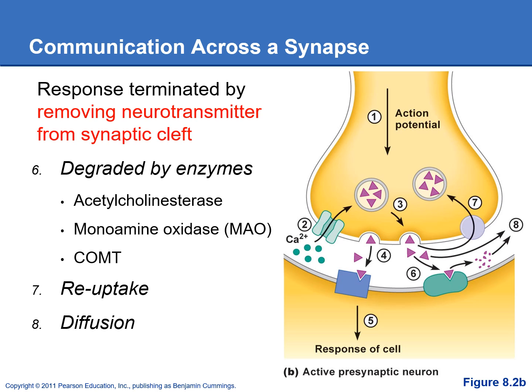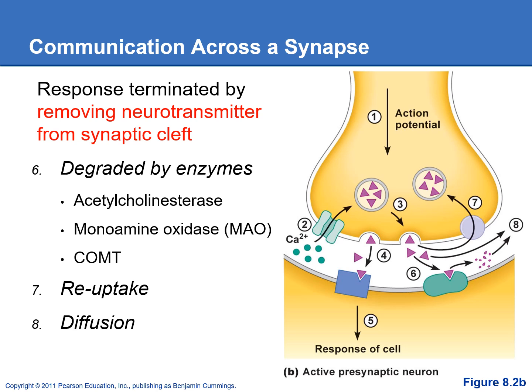And so there are 3 different ways to get rid of the neurotransmitter. One way is to break down the neurotransmitter with an enzyme. Depending on the neurotransmitter that's used, there might be an enzyme available to do that. So for acetylcholine, the enzyme acetylcholinesterase will chew up acetylcholine and get rid of it.